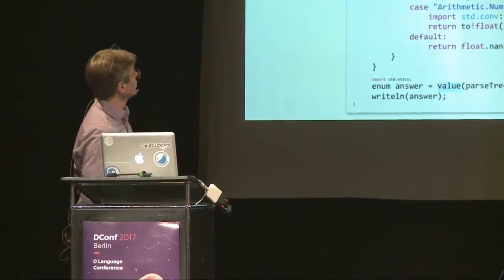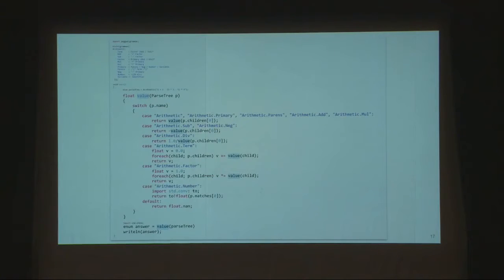This is an extension of the same example. I just reduced the font size of what you've already seen. And instead of writing out the parse tree, I wrote out the result of a function that I call on the parse tree. And the function returns a float.